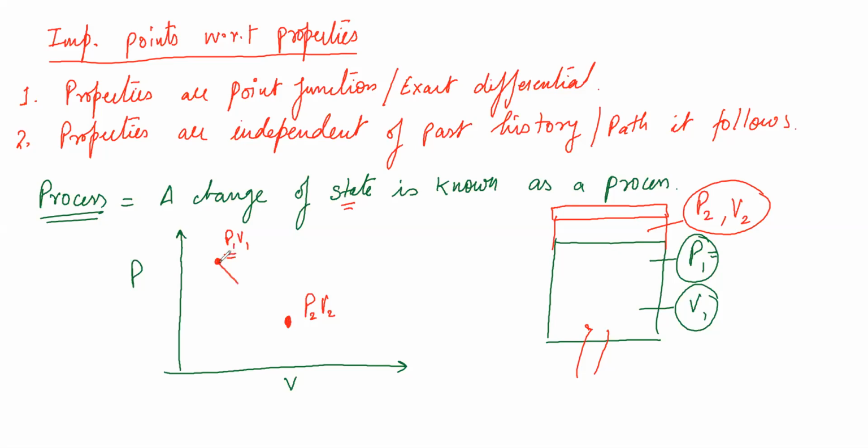So this should be one line, which is defined as a process, or you can say a path, right, between two points. You can trace this only when every point is defined as an equilibrium state. Until you connect all the equilibrium states, you will not get a path or curve, right? That is first.